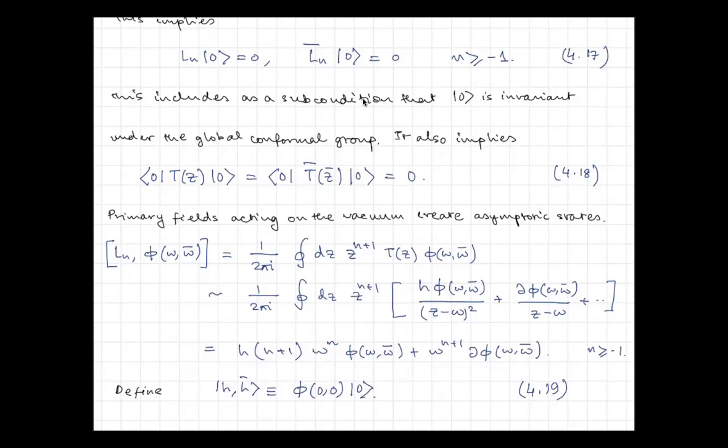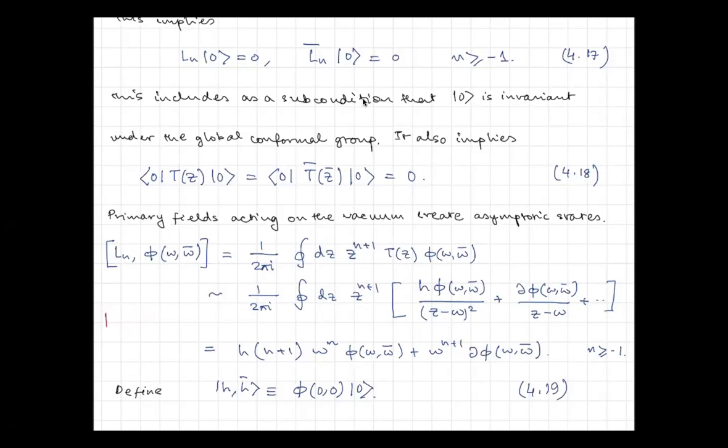Okay, notice that if you put omega and omega bar equal to 0, then let's first put n equal to 0. So that would mean what? That would mean L_0 acting on phi. Okay, let me try and write this.